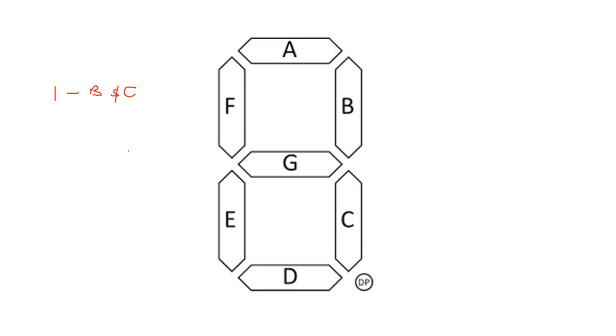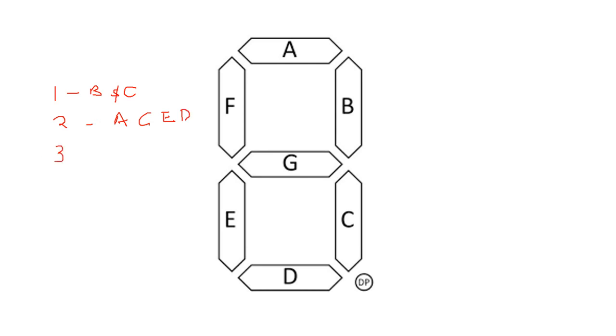Okay. Then if I want to get 2, how do we put 2? Of course, it is A, G, E, D. So 2 is A, G, E, and D. Then 3.